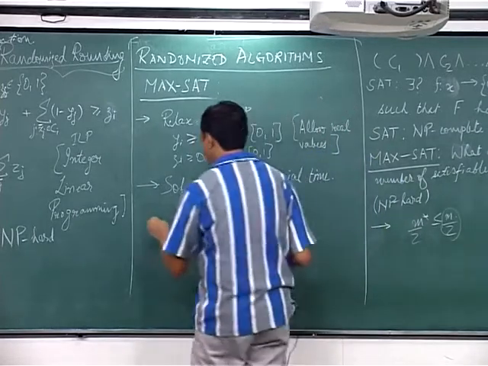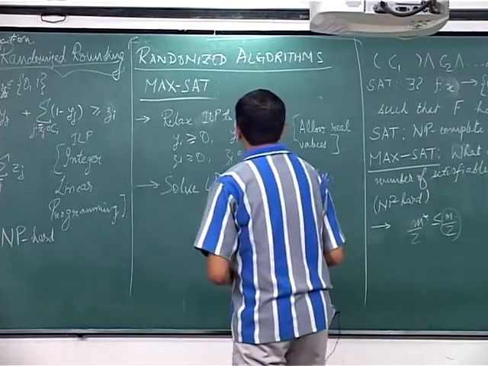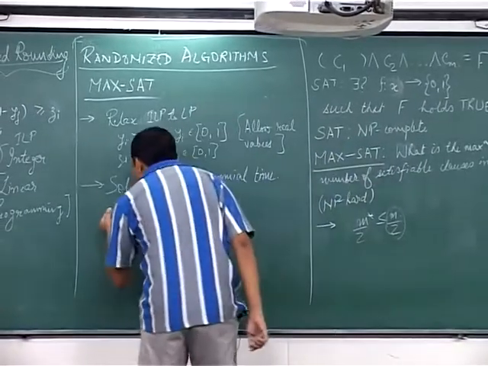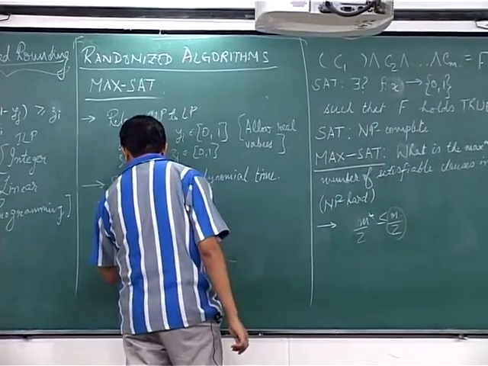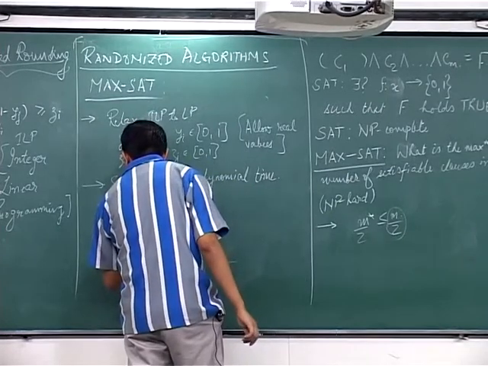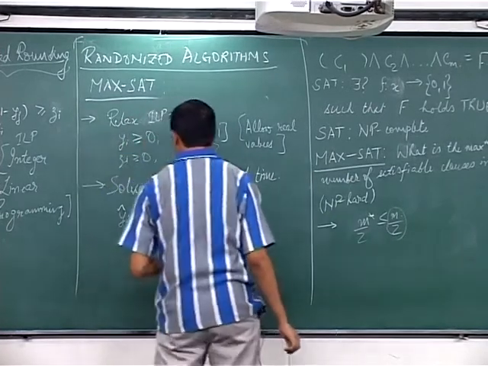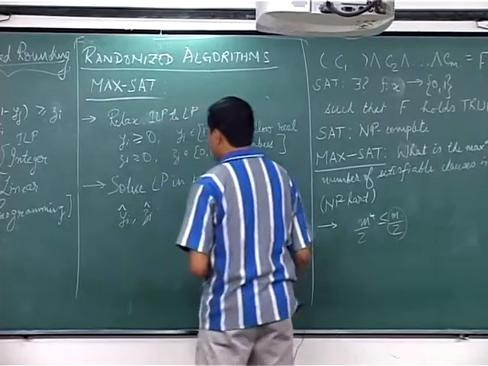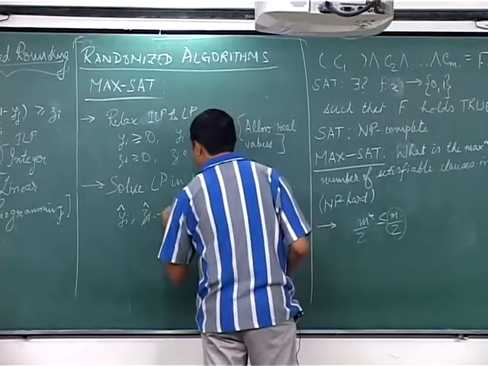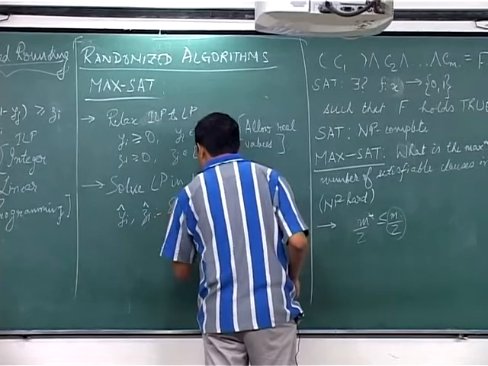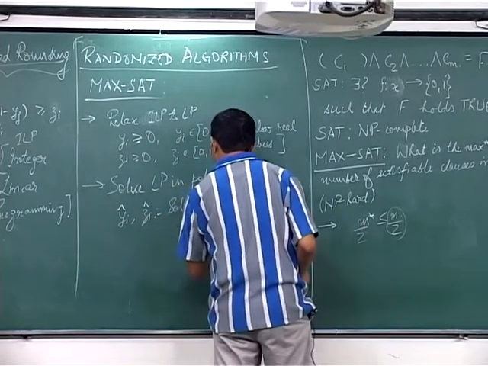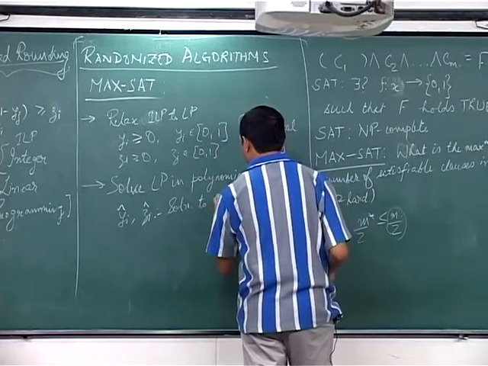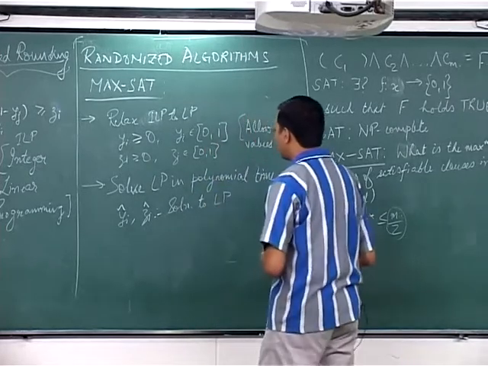Right. Okay. So far so good. So now you have some solutions. Let's call them yi cap and zi cap. Okay. So these are the solutions to the LP.